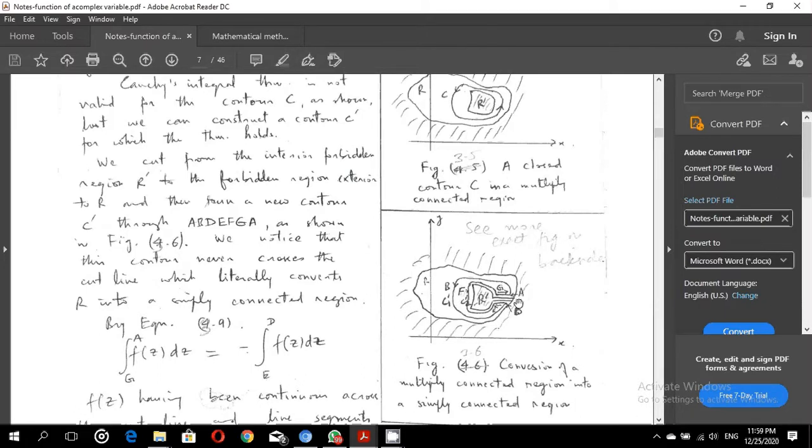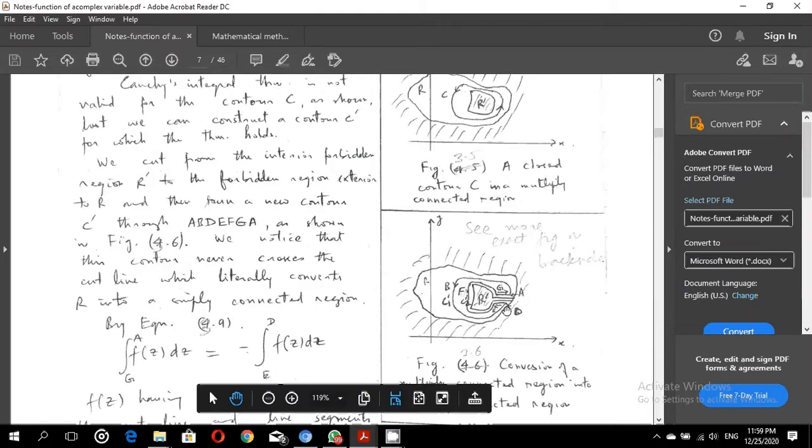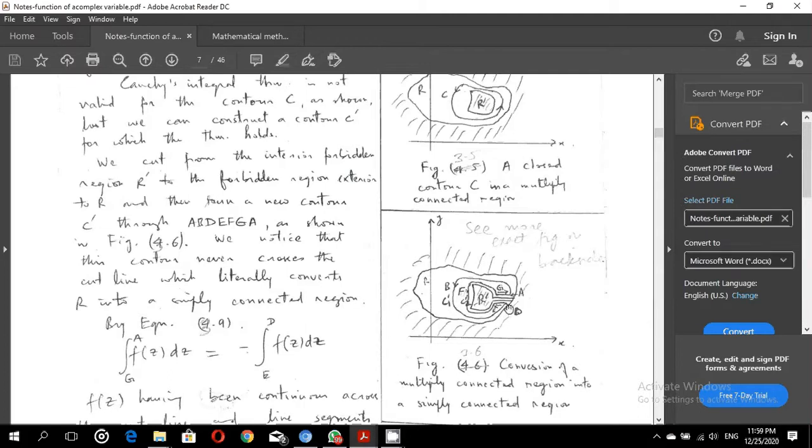It is not clear in this diagram, but you can imagine that there is a line crossing R dash, and we start our contour now from a point immediately above this line. This is the point A, the starting point. We go around this contour, and we come back to the point D through the point B, and this point D is just below the cut line, on the other side of it.